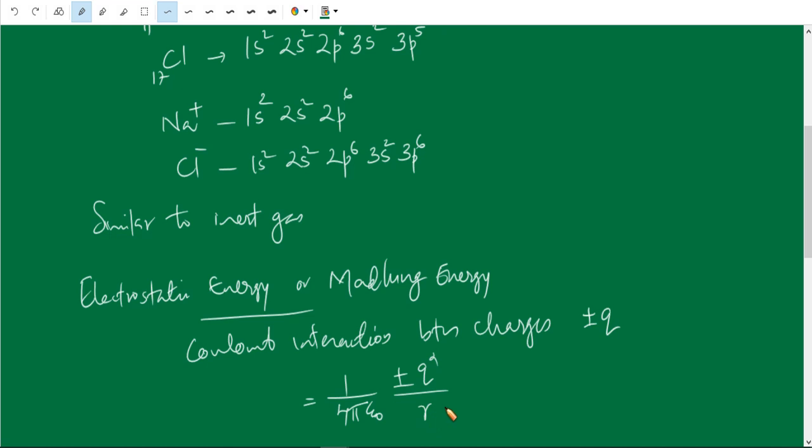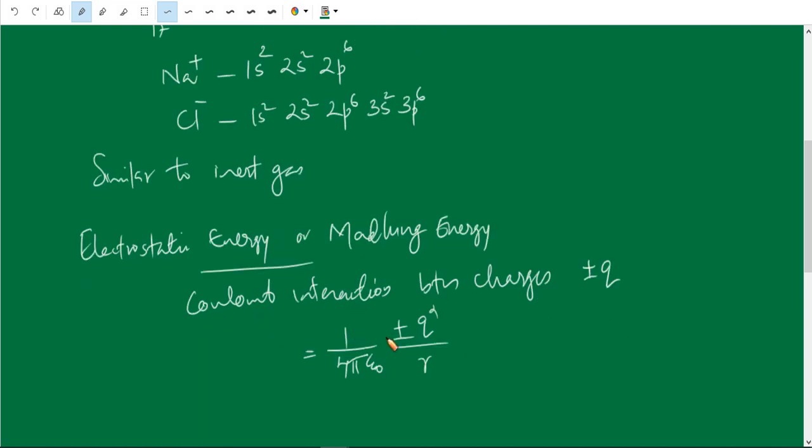The plus sign is for the interaction between like charges, plus q and plus q, similarly minus q and minus q. If one charge is plus q and the other is minus q, then it will be minus q square by r.